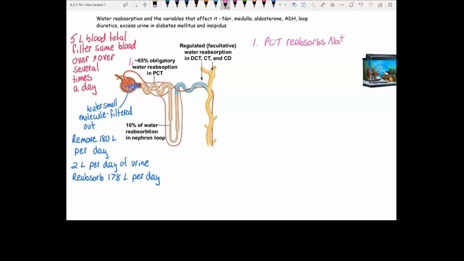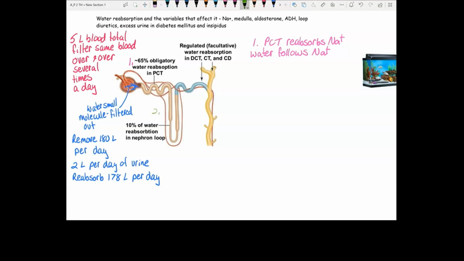And remember, water follows salt. The water follows the sodium. So 65% of that 178 liters that you're reabsorbing is following sodium back into your blood through the proximal convoluted tubule.